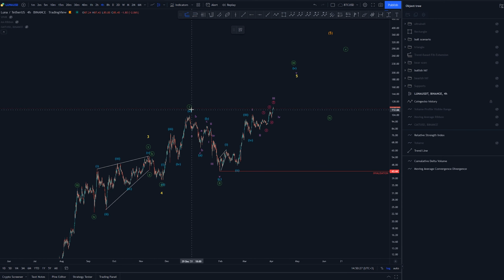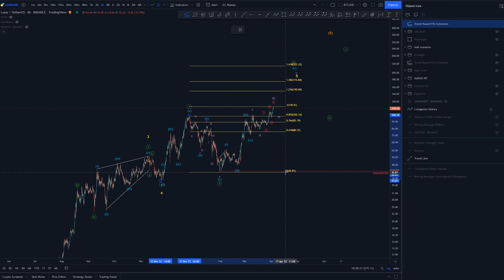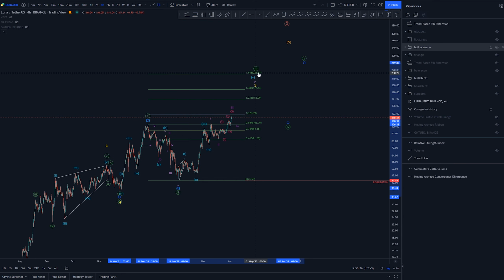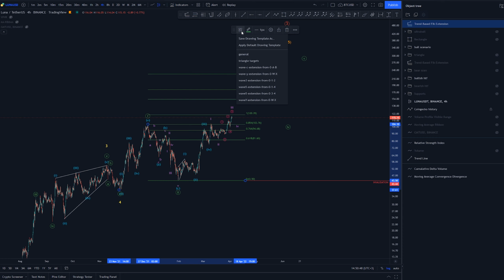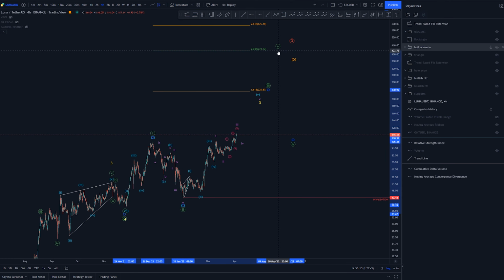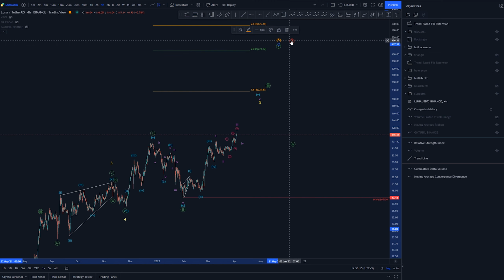Now, having placed wave 1 only here allows us to create an extension, placing it here, having green, and here is the 1.618, $225, and let's see, wave 3 extension, there we go, and wave 5 would be around here where we had all these other things like so.